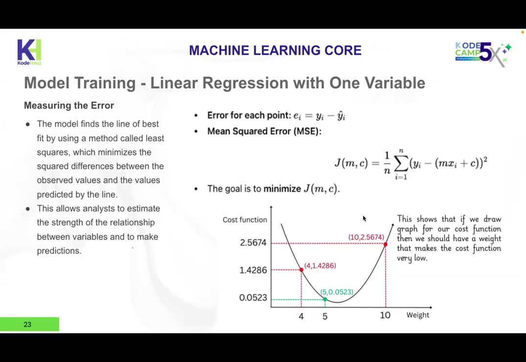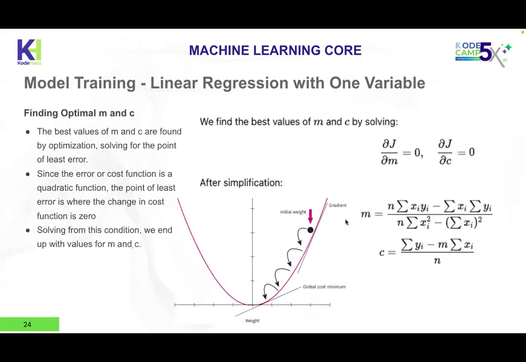So what is the next step? There are two ways to solve this kind of linear regression. The first one is the analytical method, where to find this minimum point, you use the simple mathematics that we have learned, right? Which is the point of inflection, or the minimum point, is a point where the change in the cost function, or this gradient, is zero.